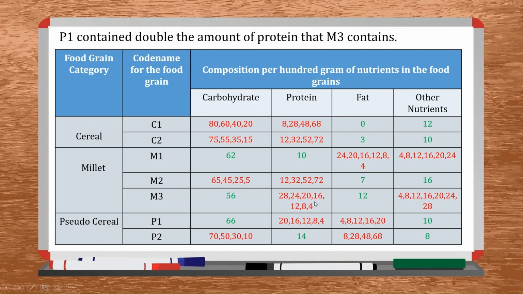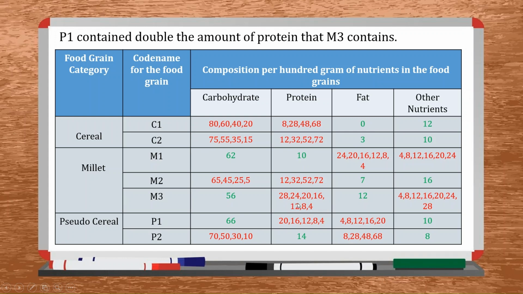Similarly, if we take the value of protein in M3 as 8, we can get the corresponding protein in P1 as 16. The other values are not possible, because if we take any other value, for example 12, then the possible value of protein in P1 should be 24, which is not possible since we have listed all the possible values. So the only options left are 4 and 8 in protein for M3.